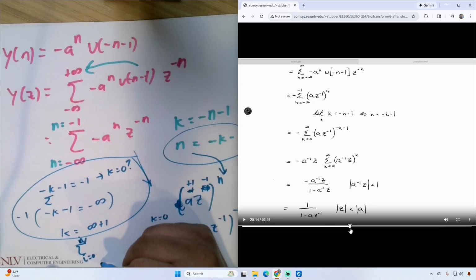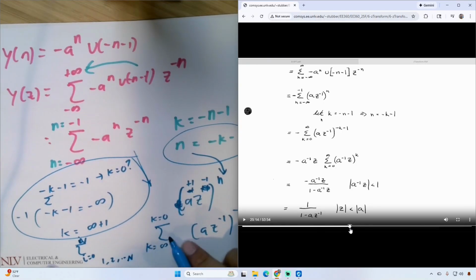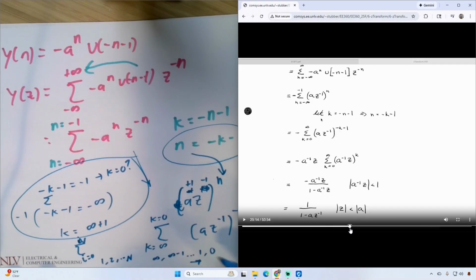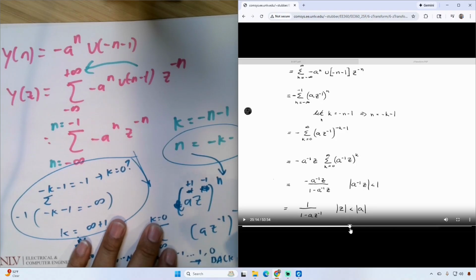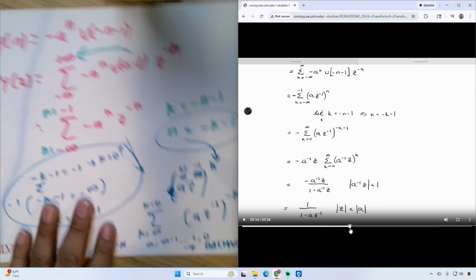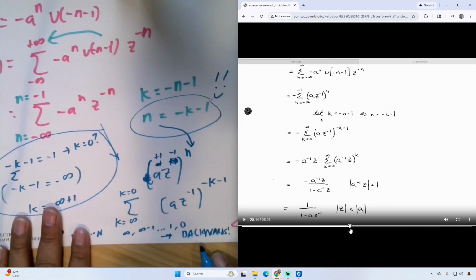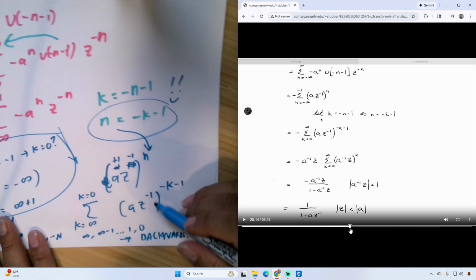We're assuming we're going 1, 2, dot, dot, dot, n, right? This one is assuming we're going infinity, infinity minus 1, dot, dot, dot, 1, and then 0. So we're going backwards in terms of solving this equation.